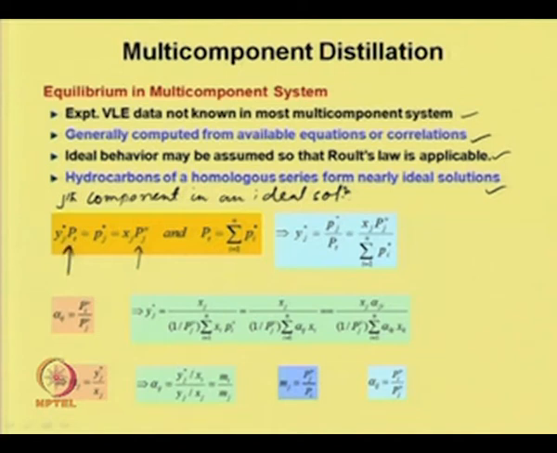Then Pt for n components will be the summation over i equal to 1 to n of Pi star, that is the total pressure.